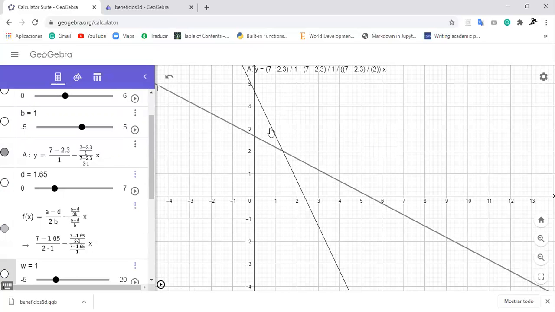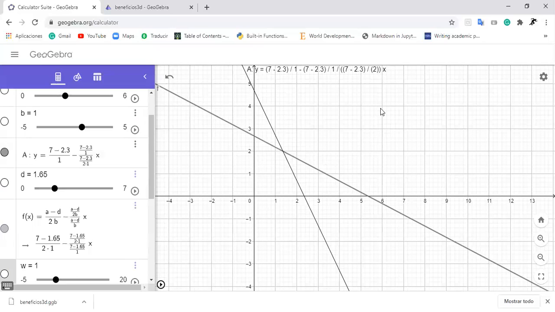In this reaction function for firm number 1, that firm is maximizing its profits. In this reaction function for firm number 2, that firm is maximizing its profits. And this applies to each one of the two firms.